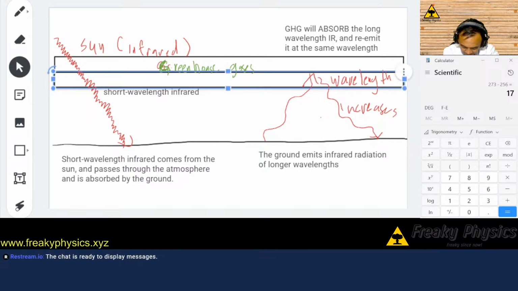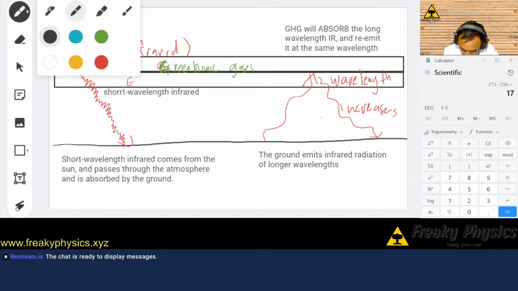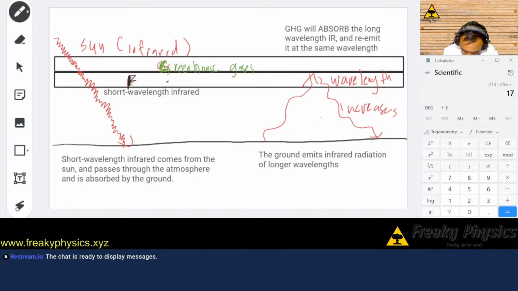For the enhanced greenhouse effect, let's use black for this. The enhanced greenhouse effect traps more heat. So that's why we're getting warmer and warmer and warmer.